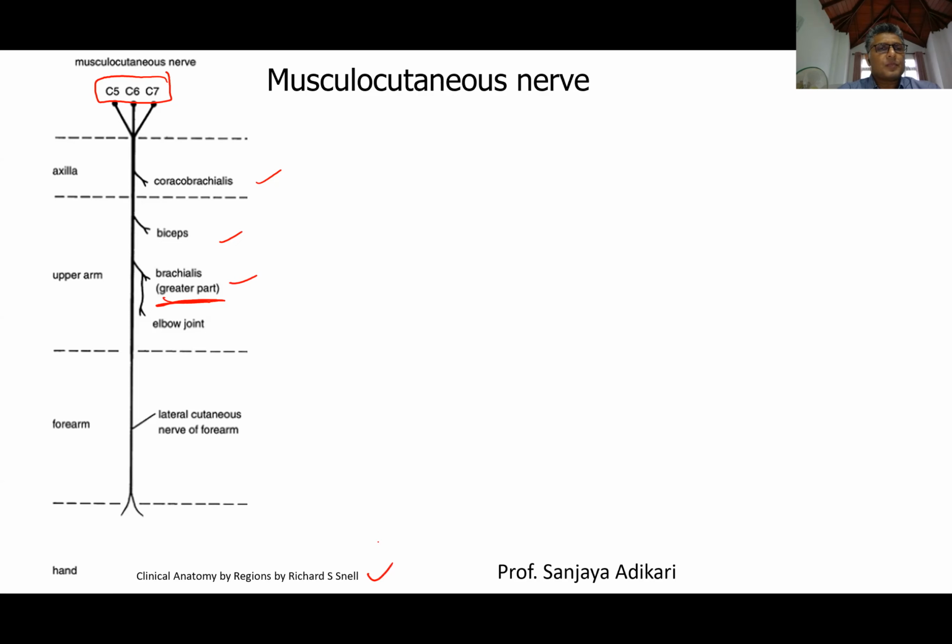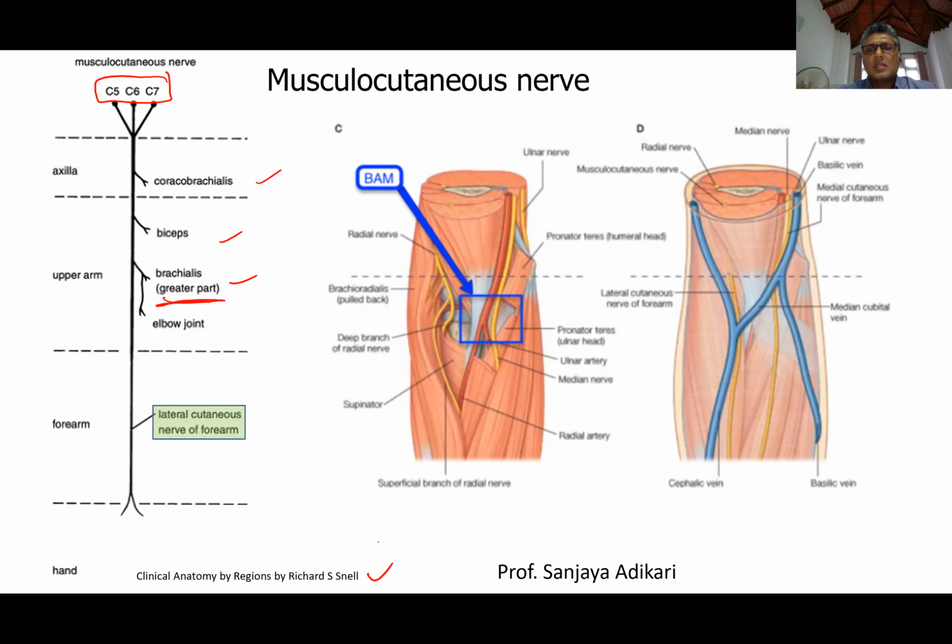Then the important thing is the musculocutaneous nerve. After supplying the motor parts to the muscles in the anterior compartment, its cutaneous part leaves the anterior compartment and enters as the lateral cutaneous nerve of the forearm, just lateral to the biceps tendon in the cubital fossa.